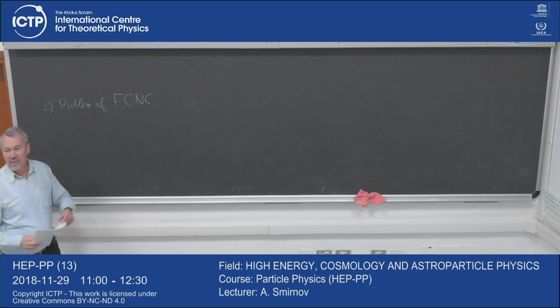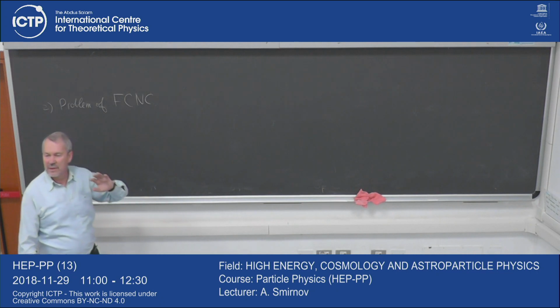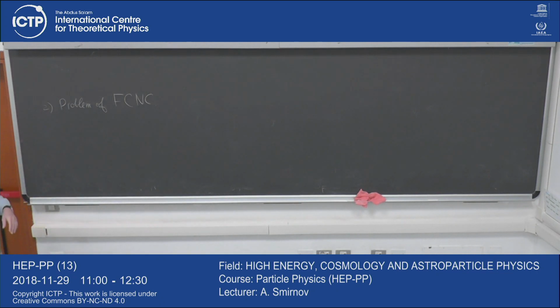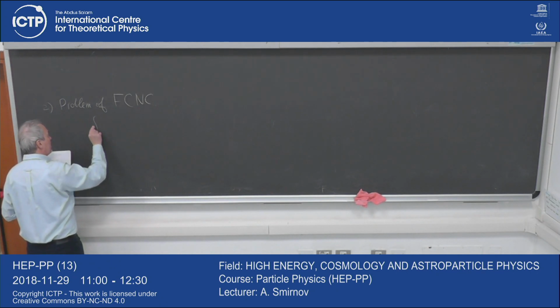In particle physics, you will meet this kind of combination continuously. This is an important issue in particle physics, and we will repeat this again and again. So this is flavor changing neutral currents.